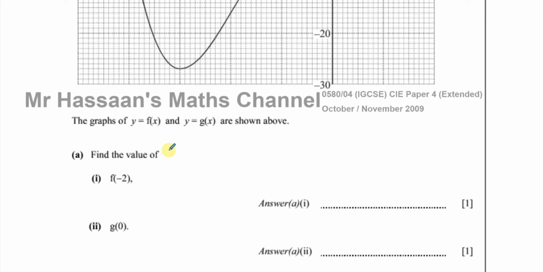Normally, if it was an algebraic functions question, we would replace the x in the function with minus 2, if you want to find f(-2). So here we draw the line x equals minus 2, and then we see where it hits the curve y equals f of x, and then we give the y value for that. That's how we'll deal with this.